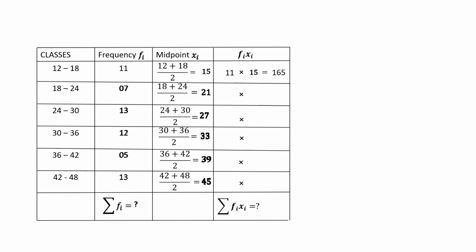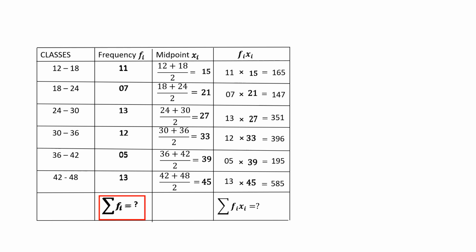The first class is 11 times 15, equal to 165. 7 times 21 is 147. 13 times 27 is 351. 12 times 33 is equal to 396. 5 times 39 is equal to 195, and finally the last class is 13 times 45, equal to 585.